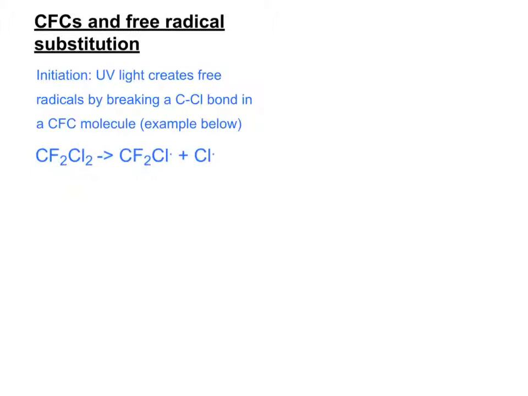So basically what happens is we've got CF2Cl2 like this. The UV light will preferentially break the carbon-chlorine bonds. It doesn't matter if there's some UV light hitting the carbon-fluorine bonds, because the carbon-fluorine bonds have a higher bond enthalpy.